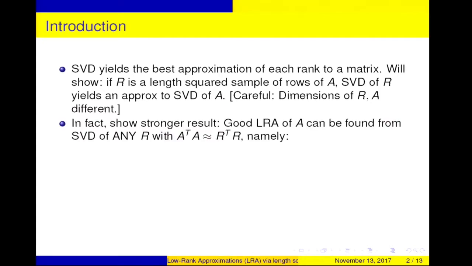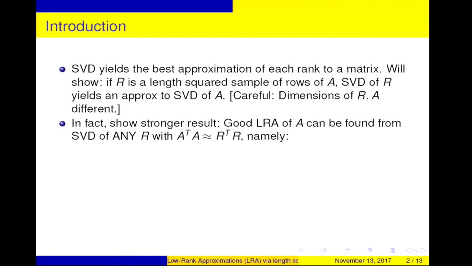In fact, most of the central result here will not have anything to do with length squared sampling at all. It's a purely matrix perturbation result, and we'll prove the following. If I get a good low-rank approximation of R, provided R transpose R and A transpose A are close. Now, it's nice to recall the dimensions of those.